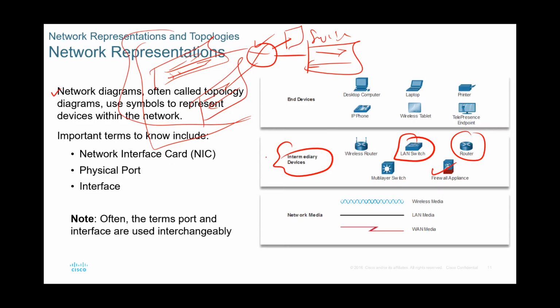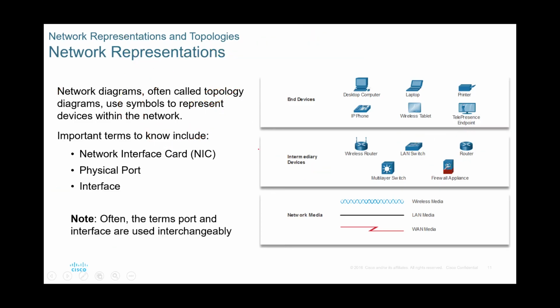So what I'm trying to say, guys, is this. We use these icons to represent the devices. I am talking about intermediary devices right now. So take note, take a look at all the icons we have on the screen. When we see a wireless router, look at the icon for a wireless router. When I'm talking about the switch, look at the icon for a switch.